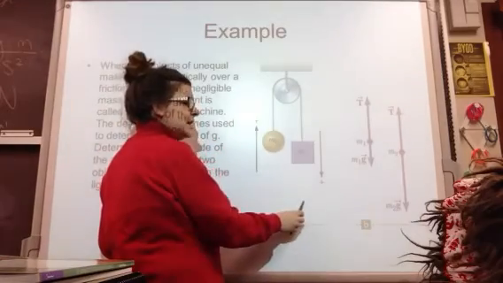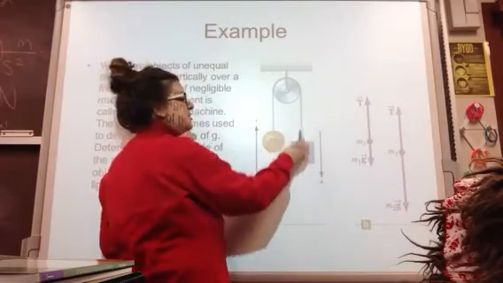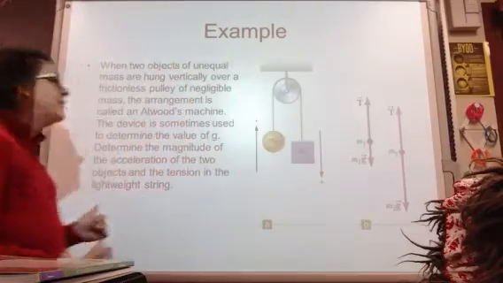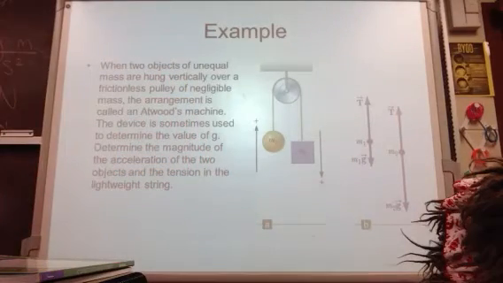So the weight force here should exceed the tension force of that rope. So based on this picture, I want us to determine the magnitude of the acceleration of the two objects, and then also find a general equation for the tension in that lightweight string.